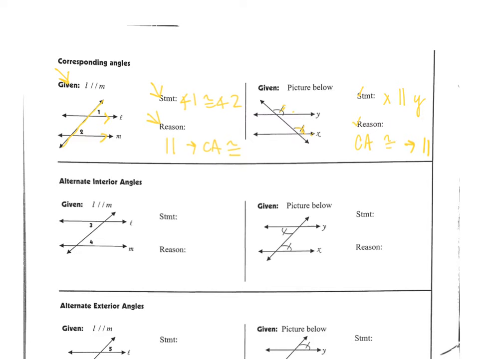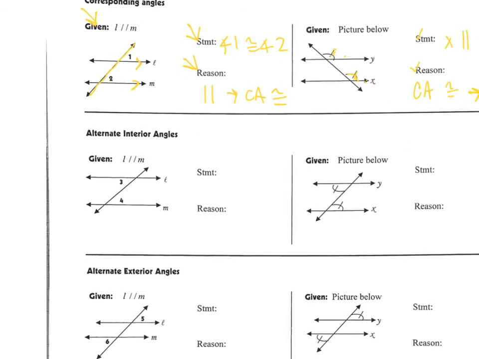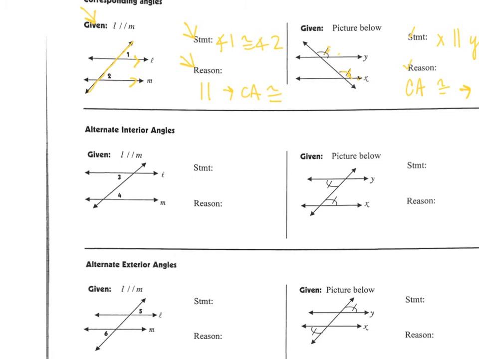Okay, let's look at the next one here. We are given that our lines are parallel, so line L is parallel to line M. We can say that our statement would be that angle 3 is congruent to angle 4. And our reason for that would be that parallel lines imply that alternate interior angles, those are alternate interior angles, are congruent.